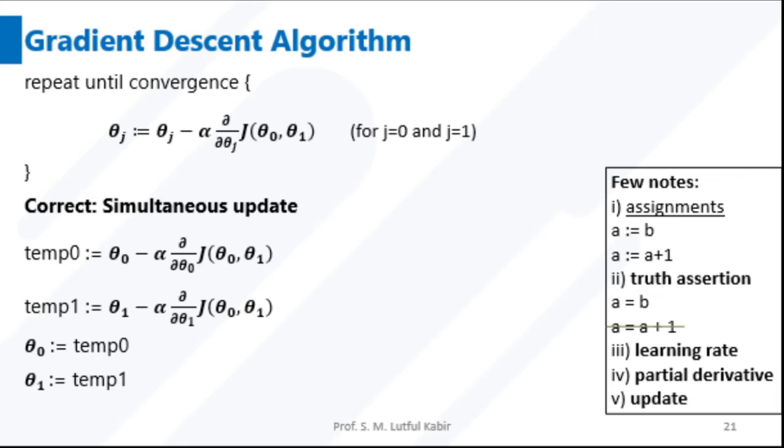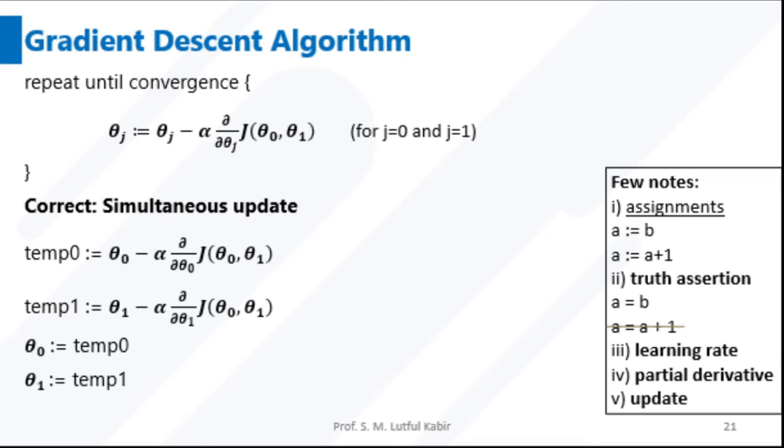Next, the alpha in the equation. This alpha here is a number that is called the learning rate. And what alpha does is it basically controls how big a step we take downhill with gradient descent. So if alpha is very large, then that corresponds to a very aggressive gradient descent, where we are trying to take huge steps downhill, and if alpha is very small, then we are taking little baby steps downhill.